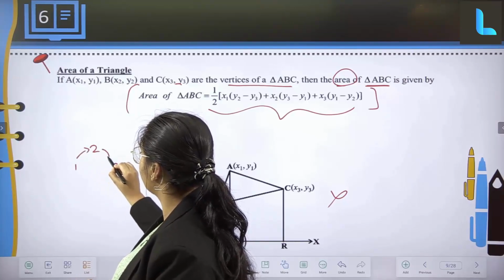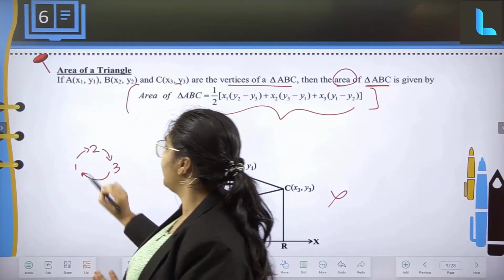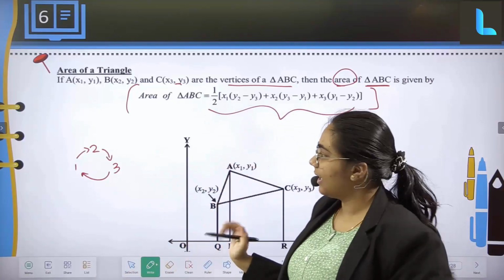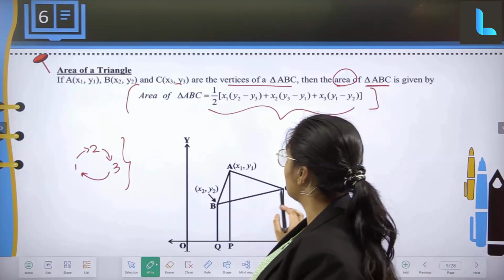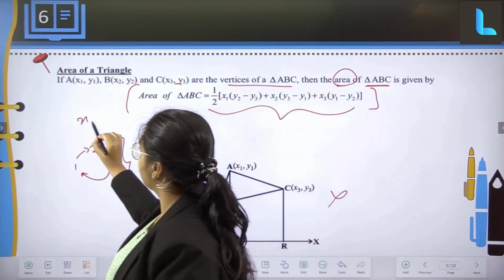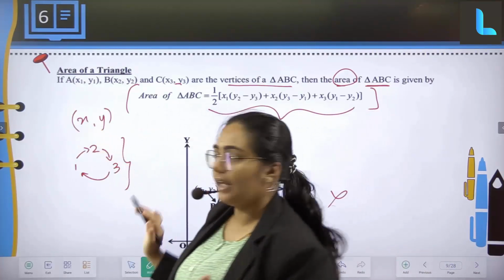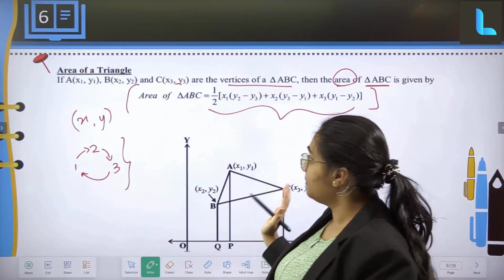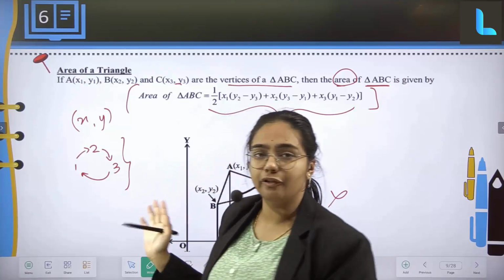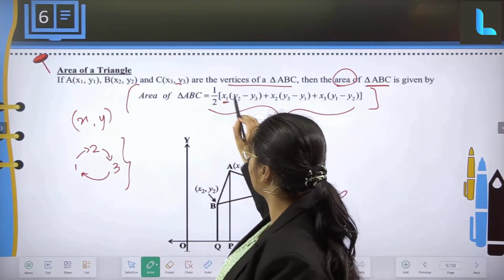After 1 comes 2, then 3, and again after 3 comes 1. Once we are aware of it, this formula is going to be very easy for us. It is going to be in x comma y format. Now over here, first and foremost, you have to first consider x1.